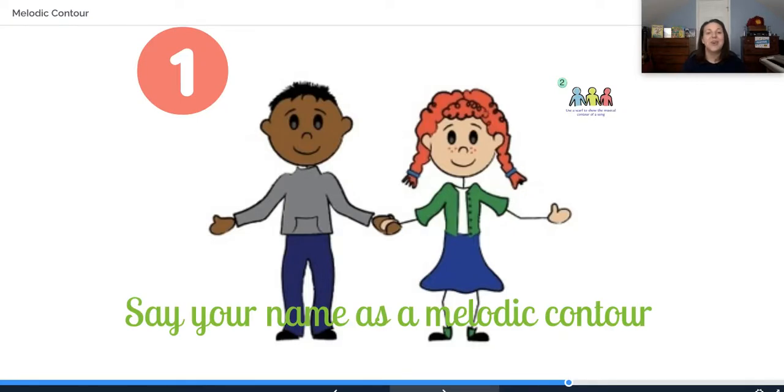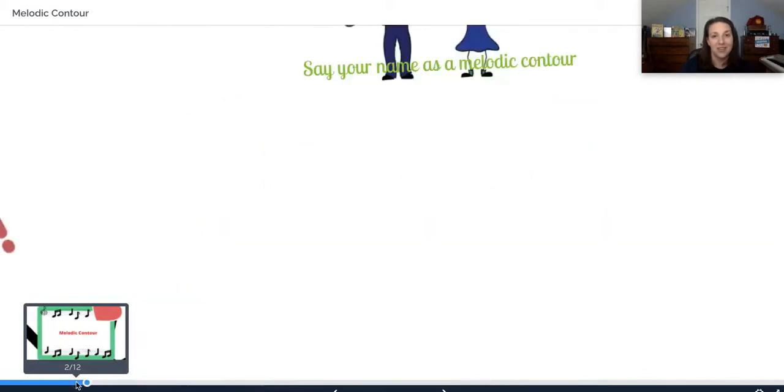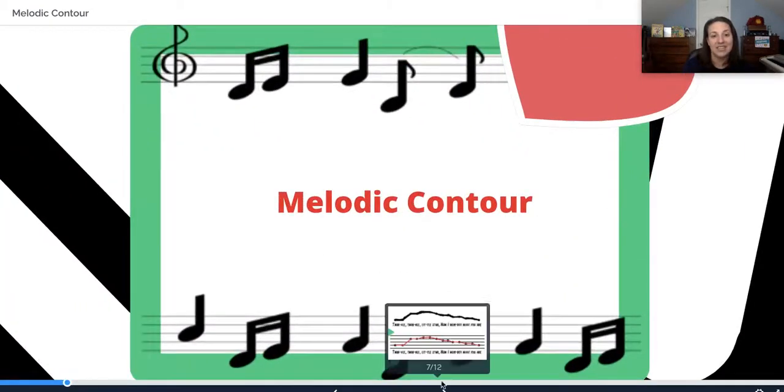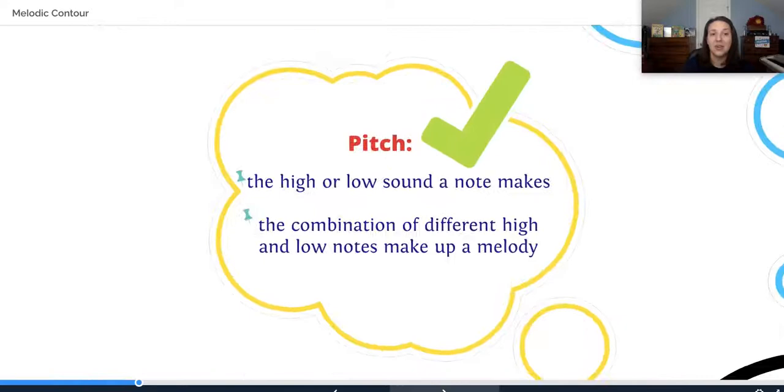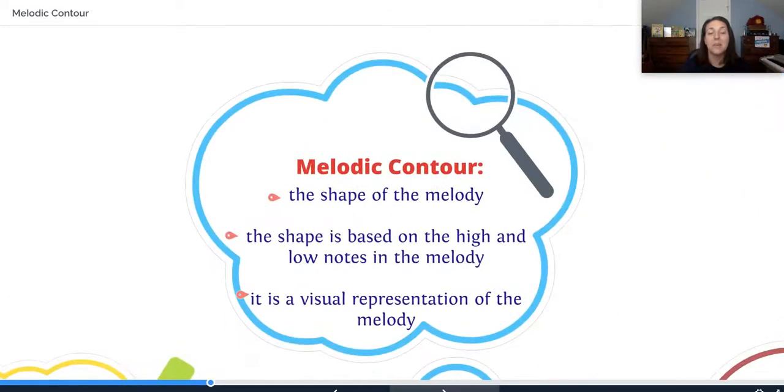All right, so let's just do a quick review of melodic contour before we end our lesson today. Melodic contour is all about the pitch, right? The high sounds, the low sounds, and of course those medium sounds. And melodic or melody is the shape of those sounds when they go higher or lower.